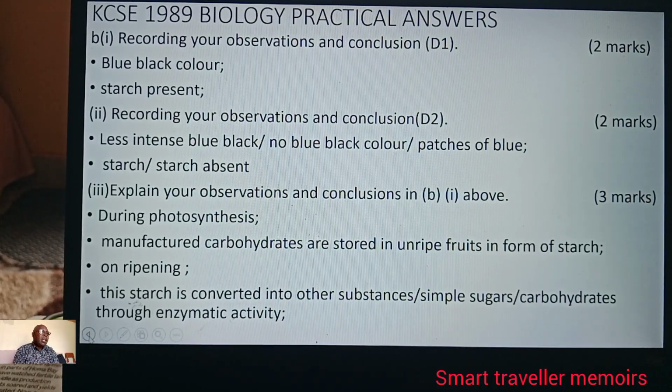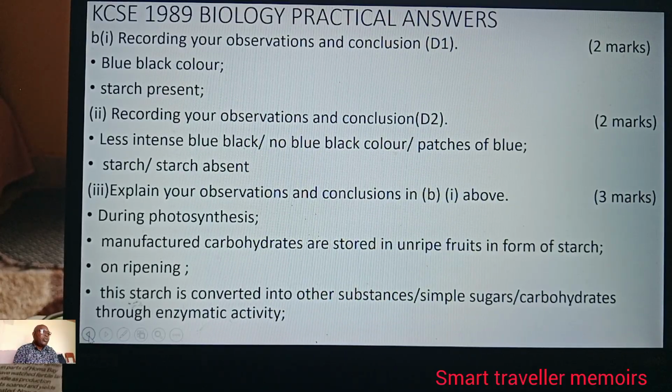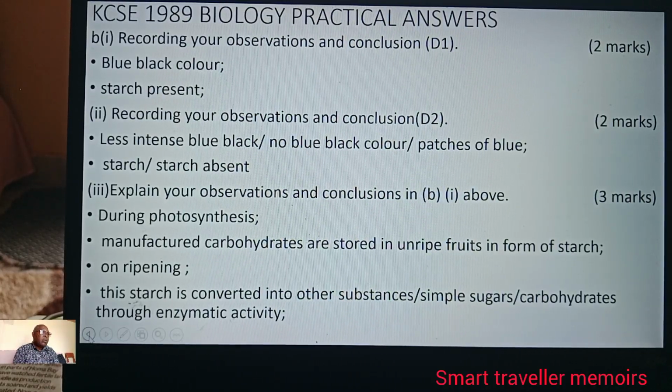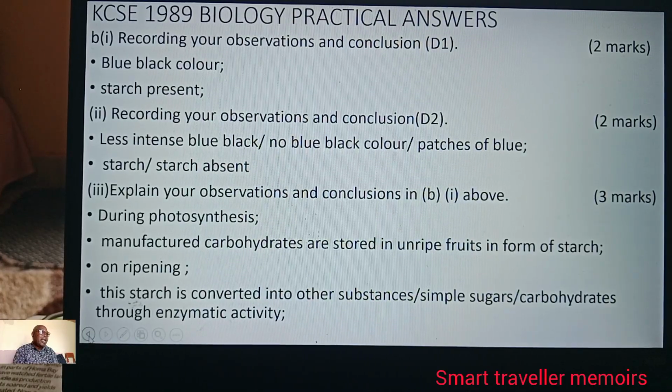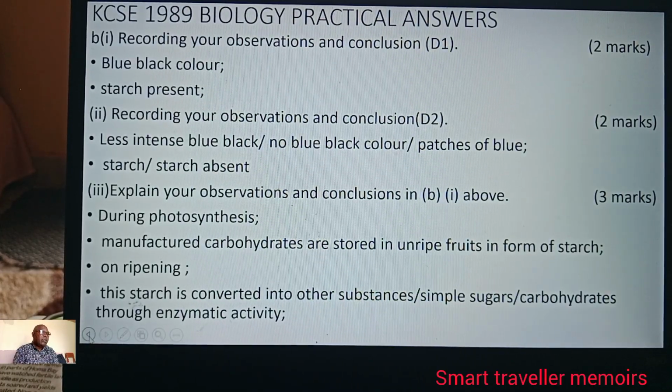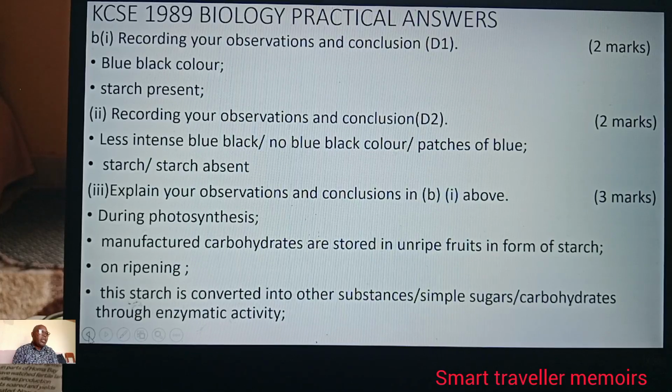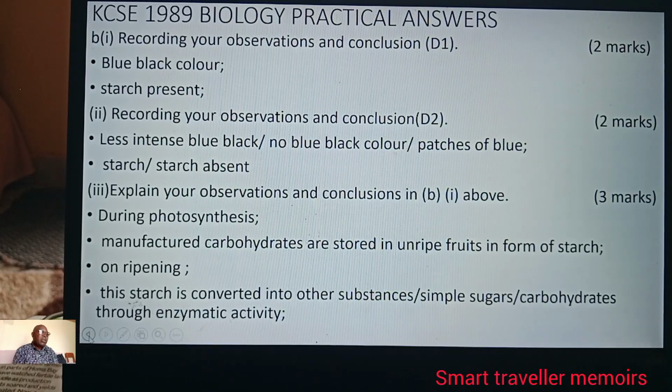Let's go to part B of question 1, where we are recording the observations and conclusions after cutting specimen D1 and D2. For D1, the observation after you add iodine solution is a blue-black color, meaning starch is present.